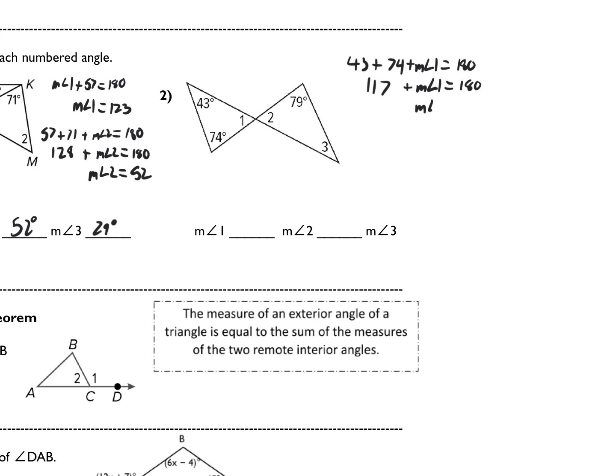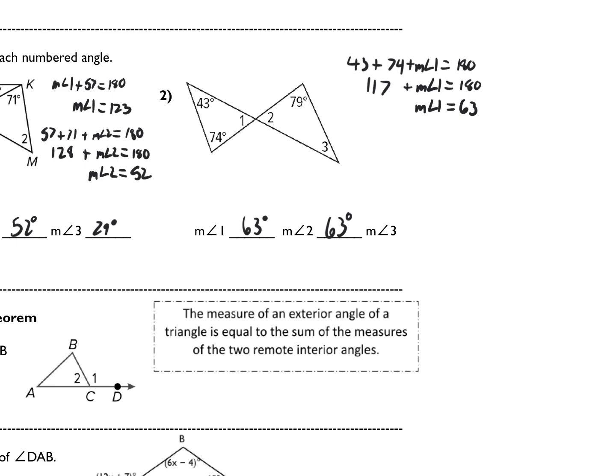So if I subtract 117 from both sides, 180 minus 117 gives me 63. Angle 1 and angle 2 are vertical, so that means they are congruent. So that means the measure of angle 1 is equal to the measure of angle 2. So the measure of angle 2 is 63 degrees.